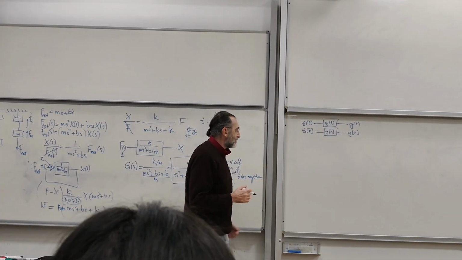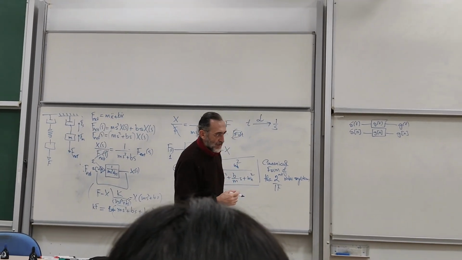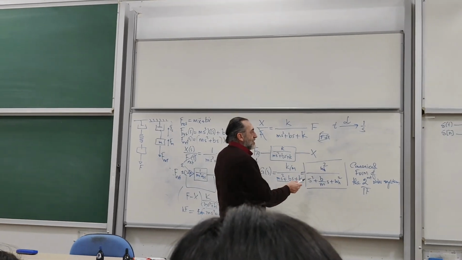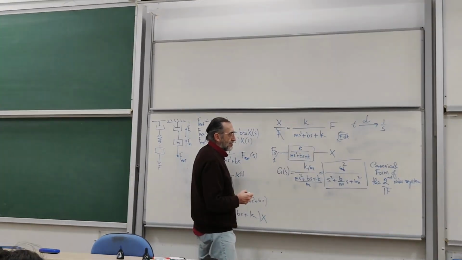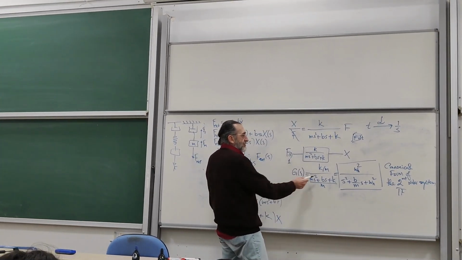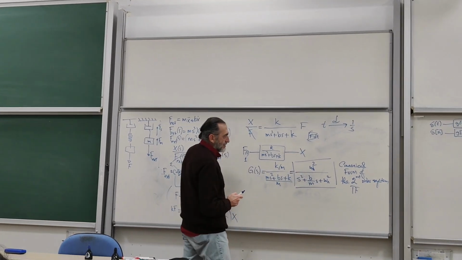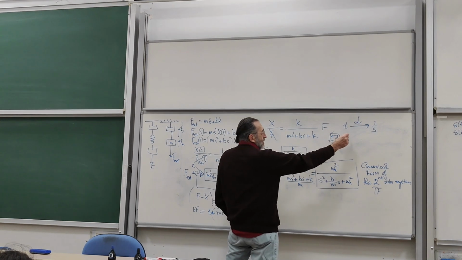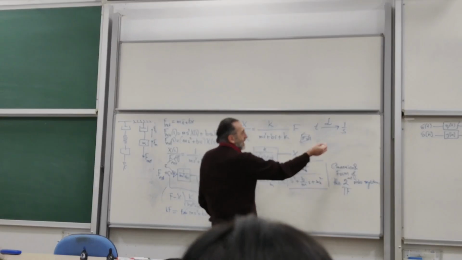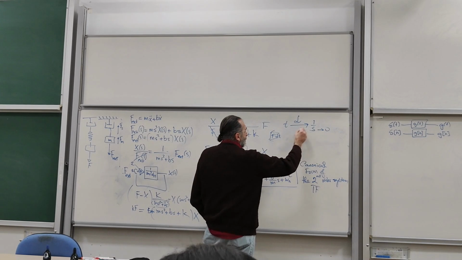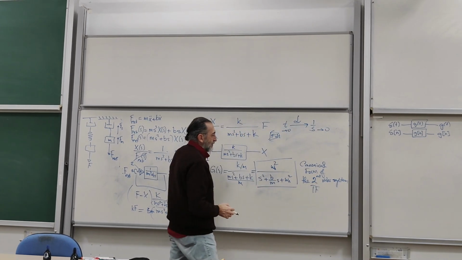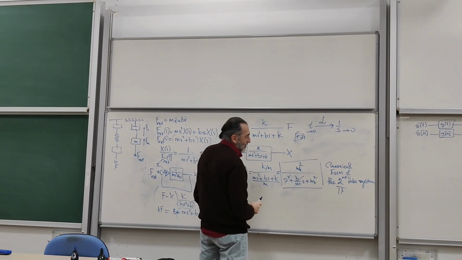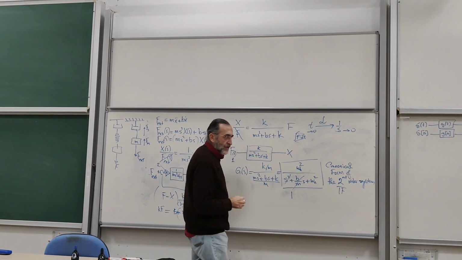I mean, there's no complications. So when I give the unit impulse to the system, then x is going to be this. And when time goes to infinity, which means that s goes to 0, then wn squared over wn squared, my output is 1.